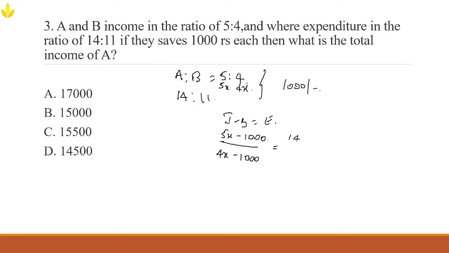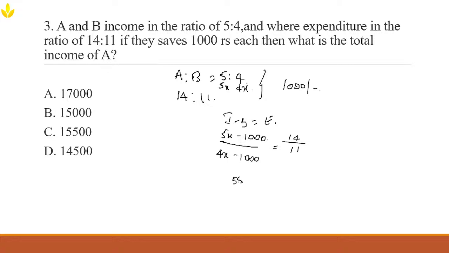So the expenditure ratio is given as 14 is to 11. If we cross multiply, we will get the value of x. Later on, we can take the final value of A.